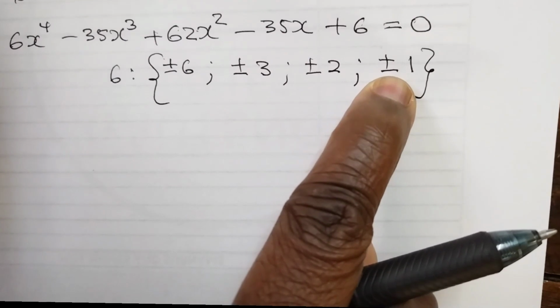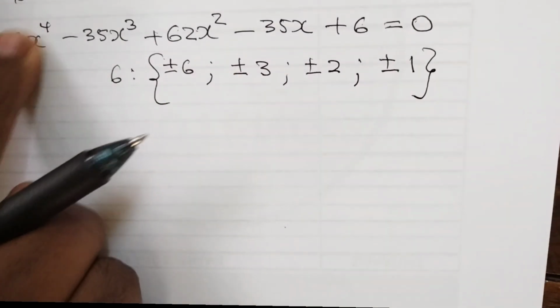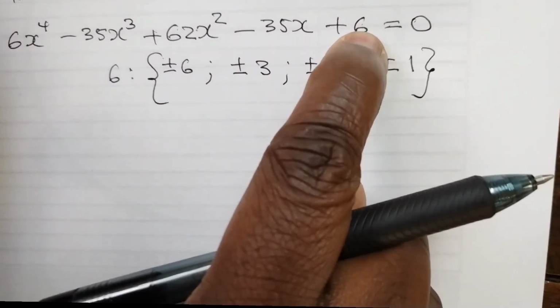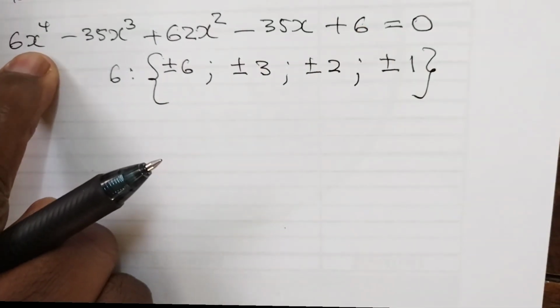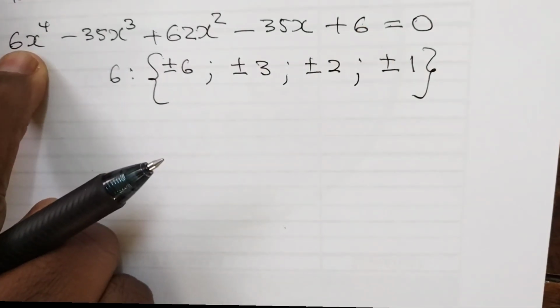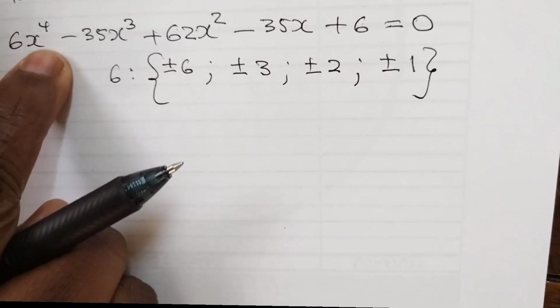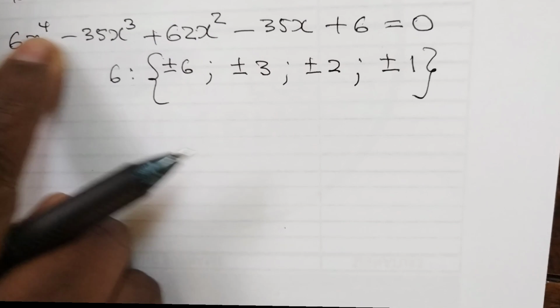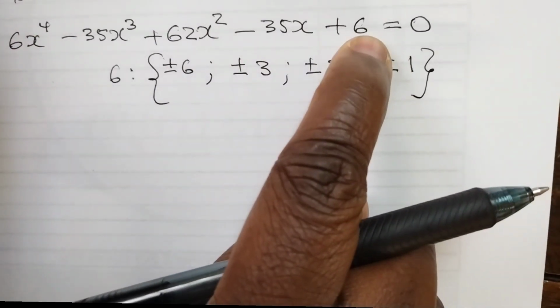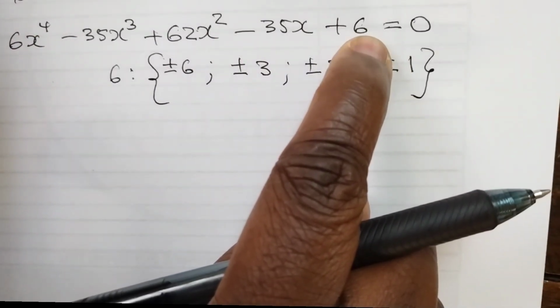If I use x equals minus 1, in this term I'll be having 6 times minus 1 raised to the power 4, which is 6. And that 6, they're not cancelling out each other.